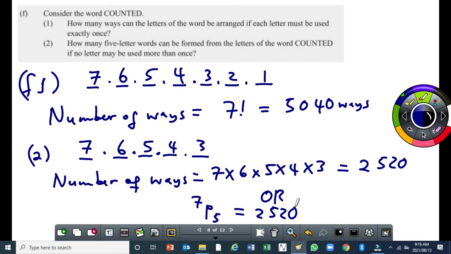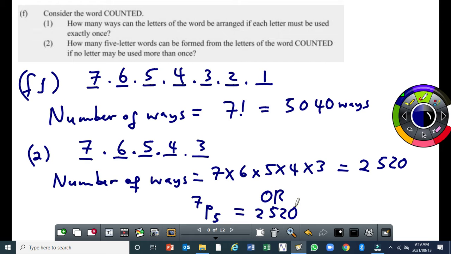Can you check for me what is 0 factorial? 1. So for the first case, if you want to use the permutation function on a calculator, it will be 7 choose 7. Because you want all the 7, you want to make a 7-letter word. But you have got 7 letters.